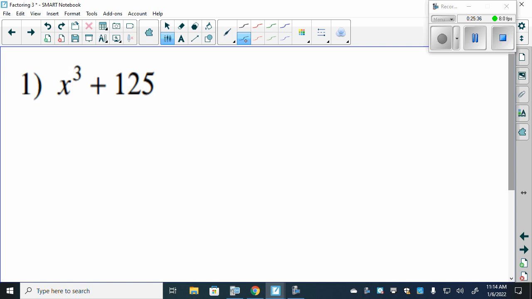So let's look at this here and see how this works, because it'll work out a little bit easier than you might think. Now the first thing I do is check to see if we can do this by taking the cubed root of both terms. We're not so much worried about the sign.